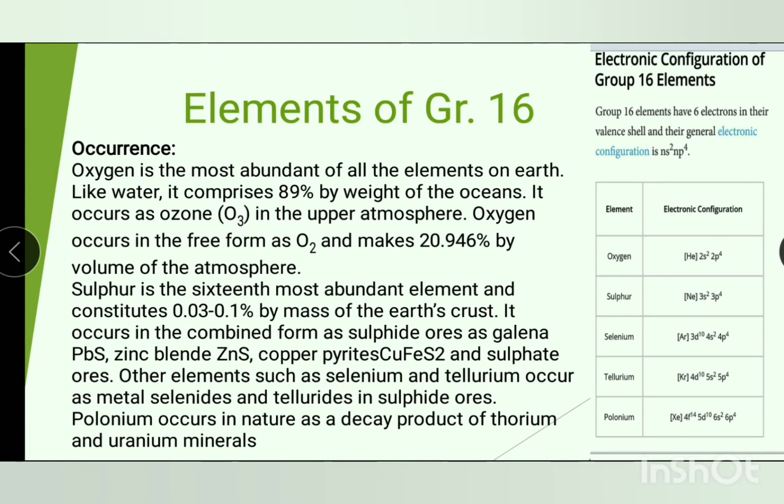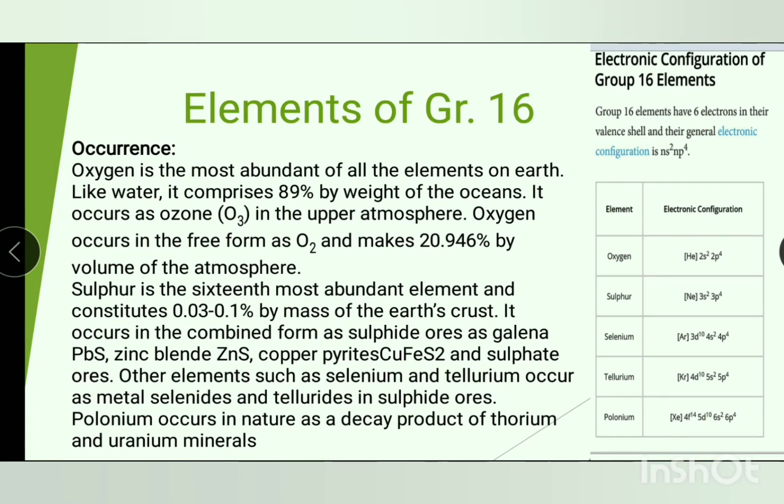Selenium and tellurium are found as selenides and tellurides in sulfide ores. Polonium, the last member of this group, is a radioactive element which is the decay product of thorium and uranium. Polonium was discovered by Marie Curie.